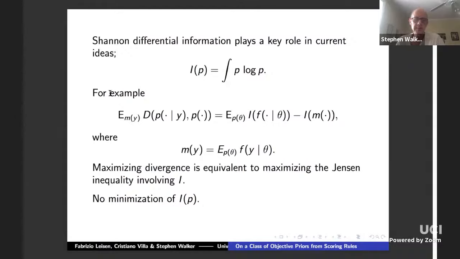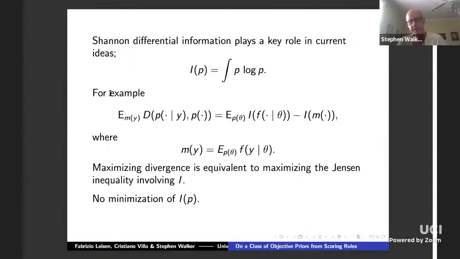The Shannon information here is important. This is one of the key items. So, for example, if you're looking at the expected Kullback-Leibler divergence between the prior and the posterior, the I is important. This information is important.